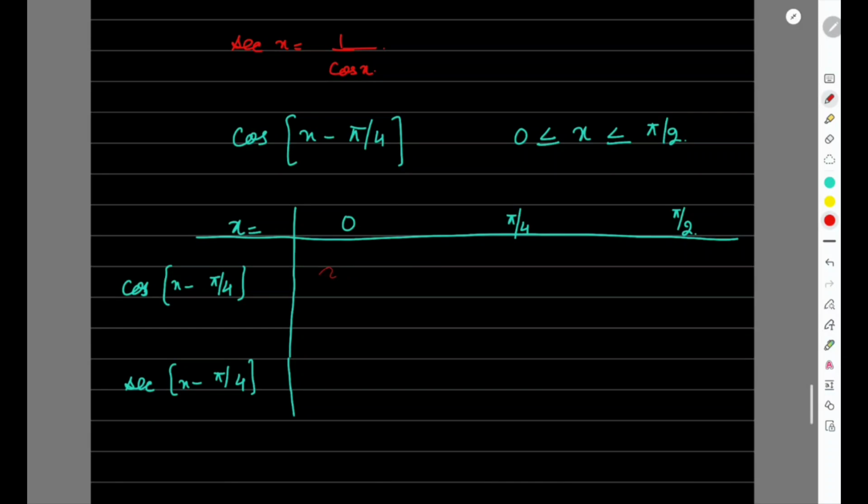When x is equal to 0, we have cos of minus pi by 4. The negative sign cancels with cos, so we consider only cos pi by 4, which is equal to 1 over under root 2.